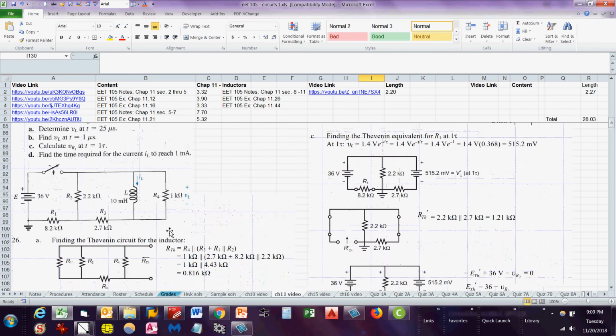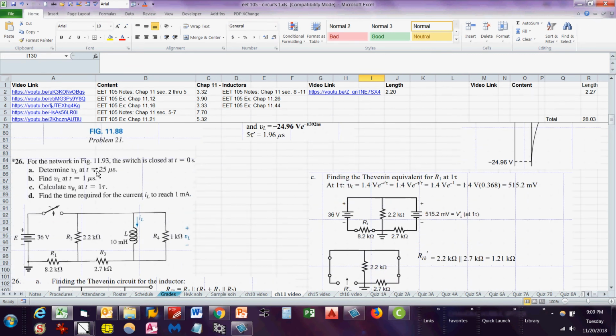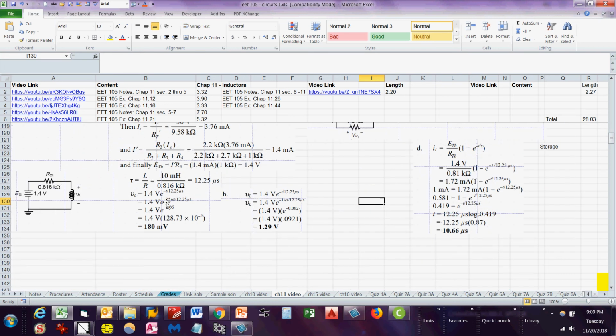The problem asked us to put in t equals 25 microseconds. So when you put that in for small t, you do the math, you get 1.4 e to the minus 2.05 power, and then that equals 180 millivolts.